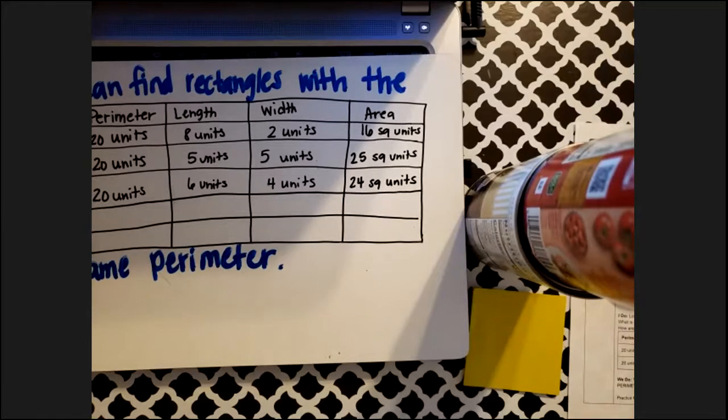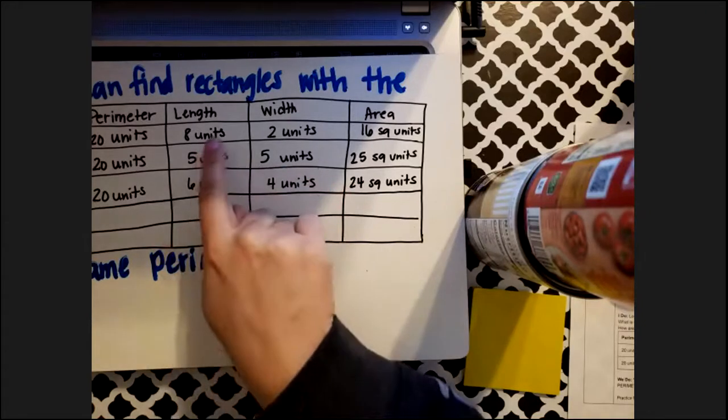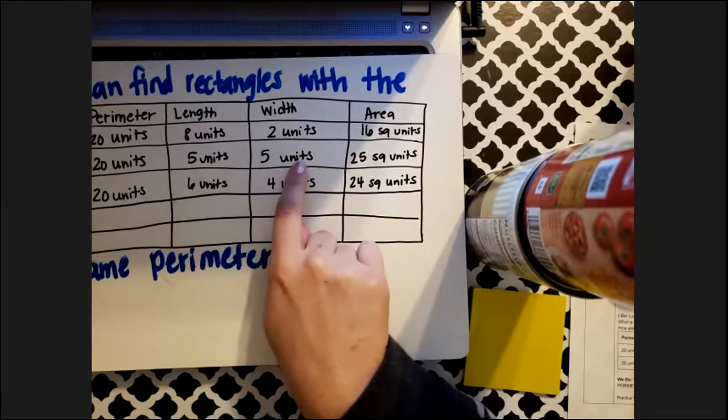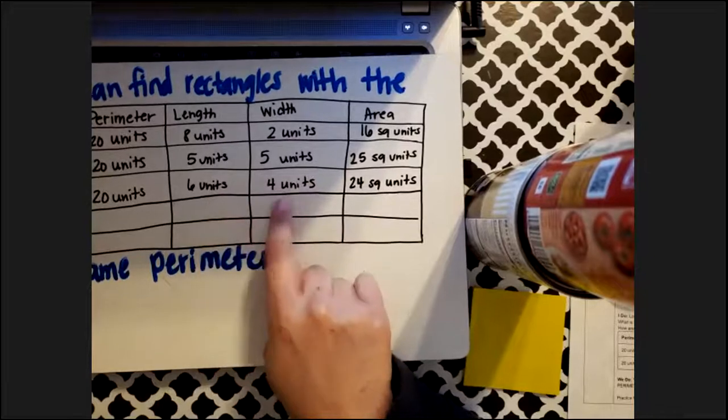The pattern that I see is 5 and... I'm gonna give you guys one more hint. What happens when you add 8 and 2? 5 plus 5. 6 plus 4.